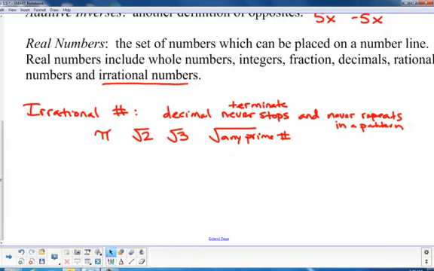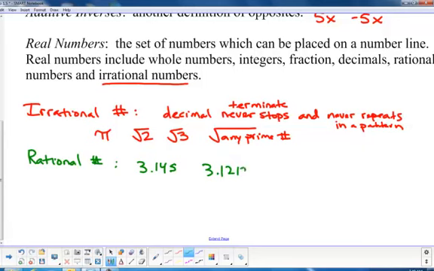So a rational number is everything else. So that is a decimal that stops, 3.145. That is a decimal that repeats, 3.12, repeating. That is like if you had 3.1672673647891.